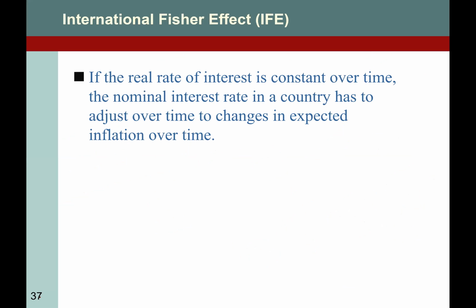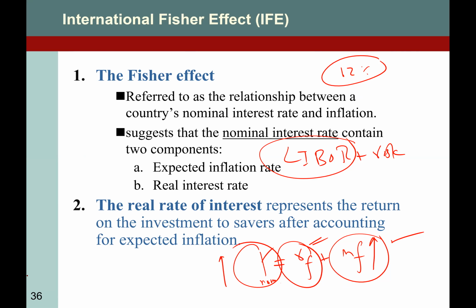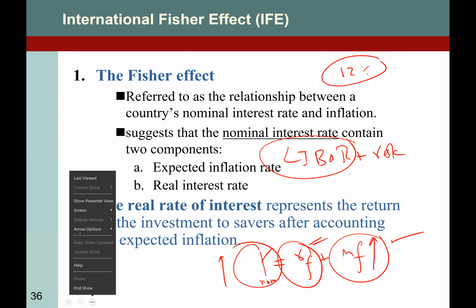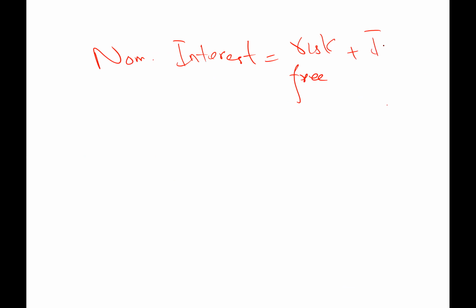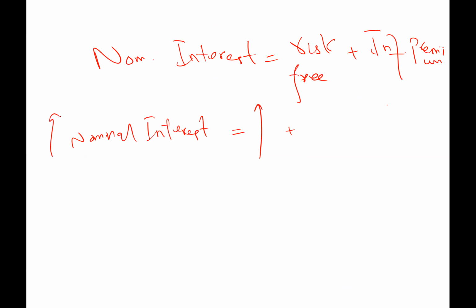So the idea here is that if the inflation premium, if the risk-free rate is increased and it causes the nominal interest rate to increase, then we say that its currency would appreciate.